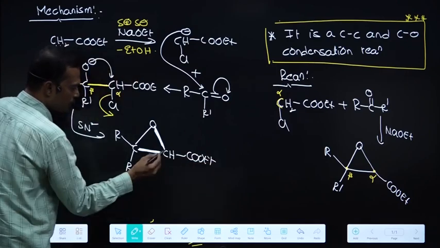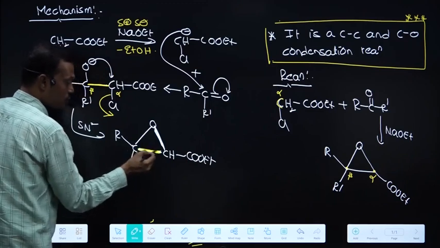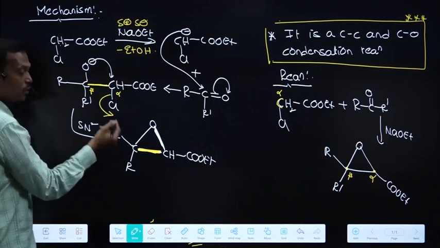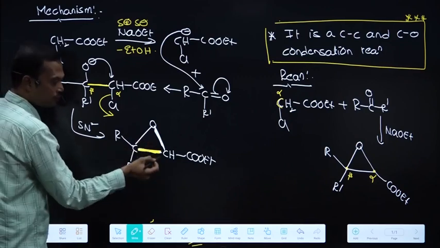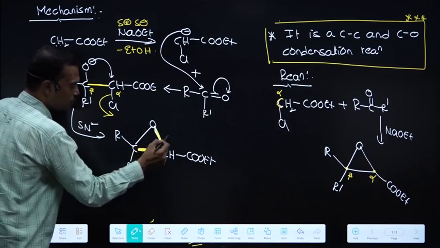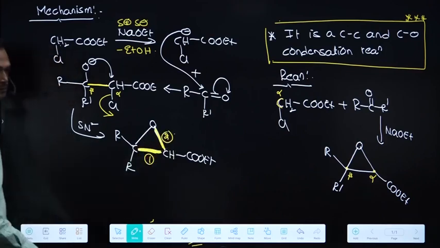So initially this is formed first. This question is also asked in exams. In Darzens glycidic ester condensation, which bond is formed first? C-C or C-O? So first is the C-C bond, later the C-O bond. This is the initial condensation, this is the secondary condensation.